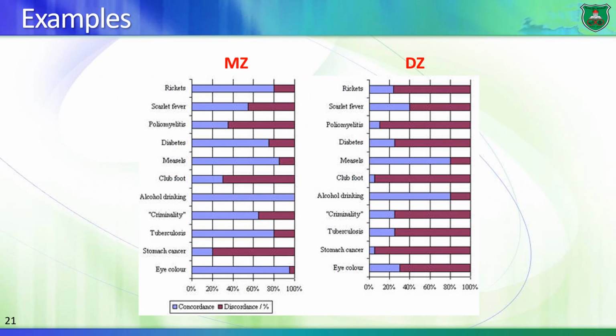Okay. Again, you can do the same calculations on these to determine the heritability of these conditions. Okay, so you can convert this into numbers.